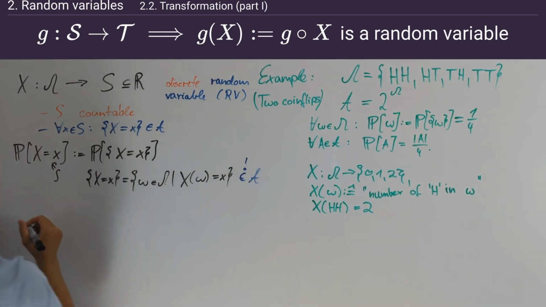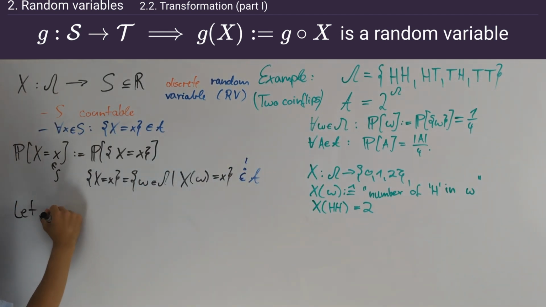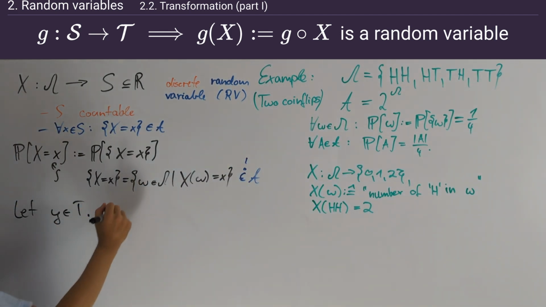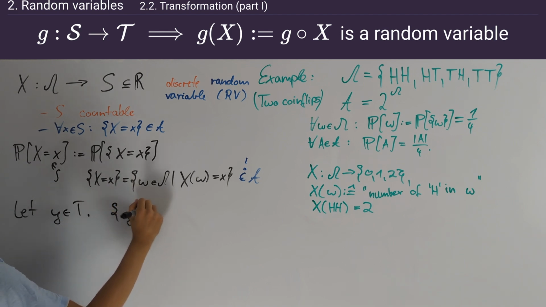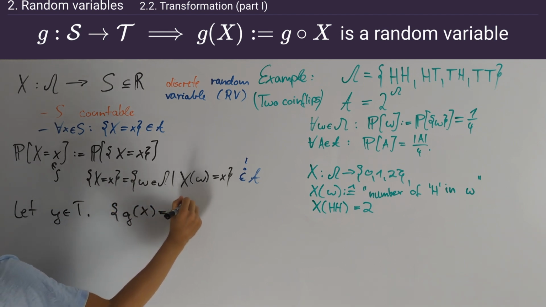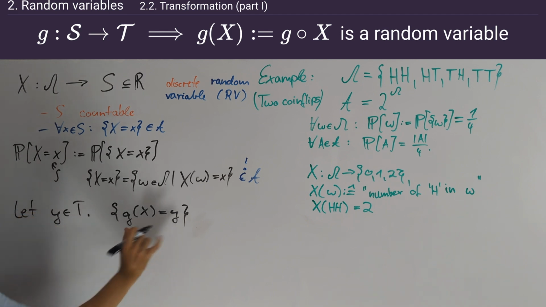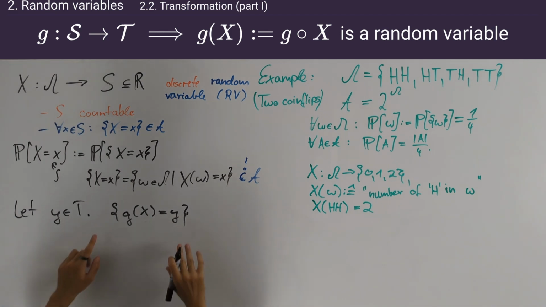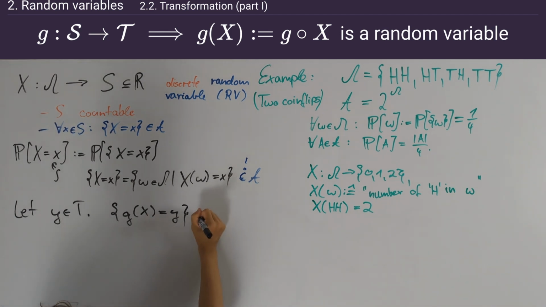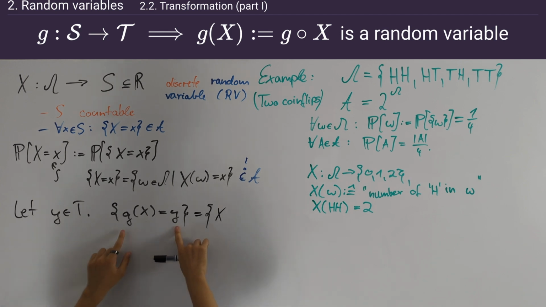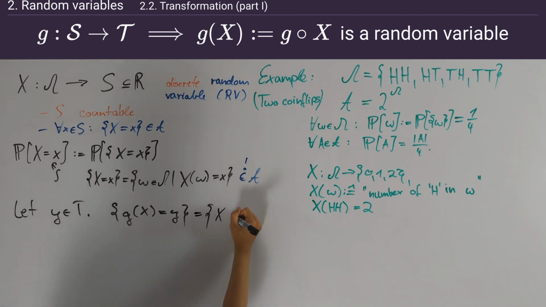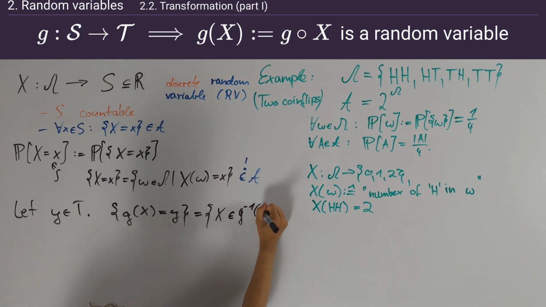So let us take an element y of T and consider the set g of X equals y. Here, this set again refers to the set of all omega in Omega such that g of X of omega equals y. Omega is in this set if and only if X of omega is mapped to y under g, or in other words, this is equal to the set of x in g inverse of y.